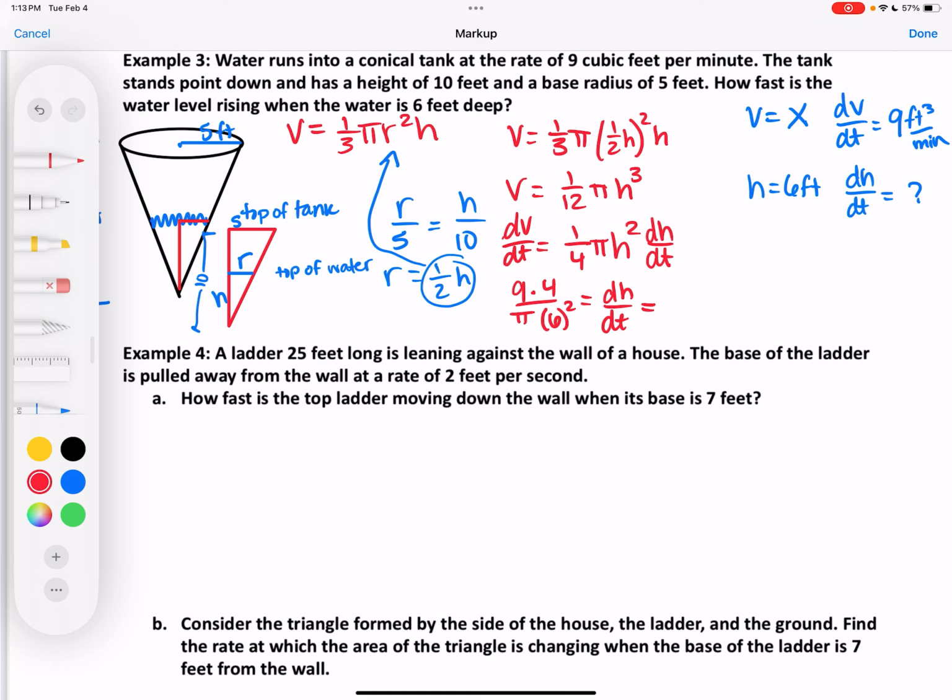So on top I've got 36, on bottom I've got 36, so I end up with 1 over pi feet per minute. One over pi feet per minute is the rate that it's changing at.